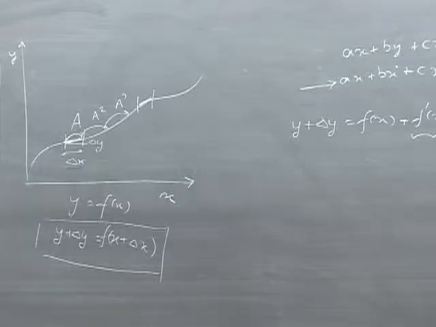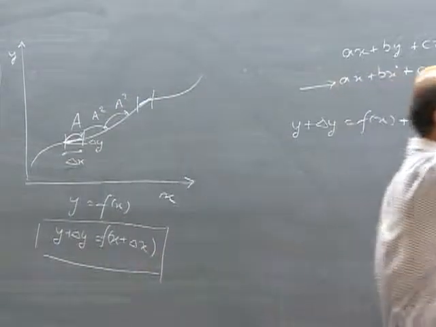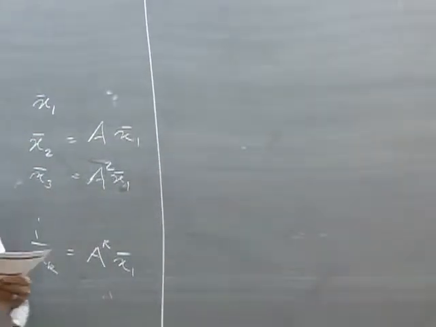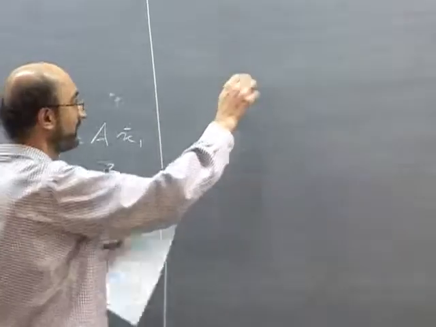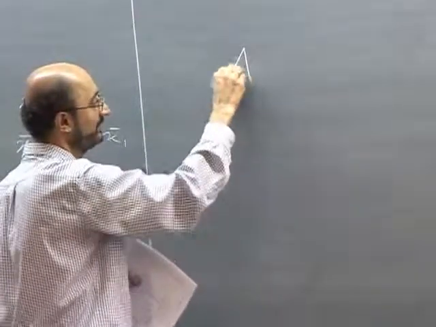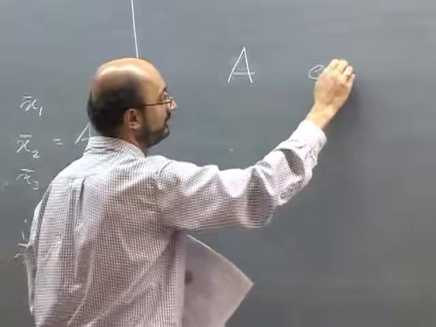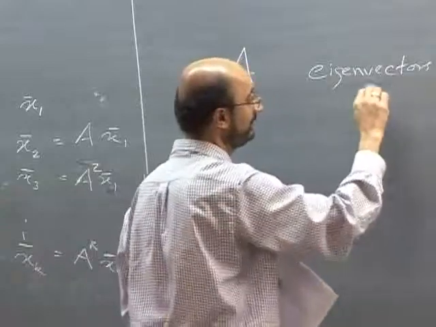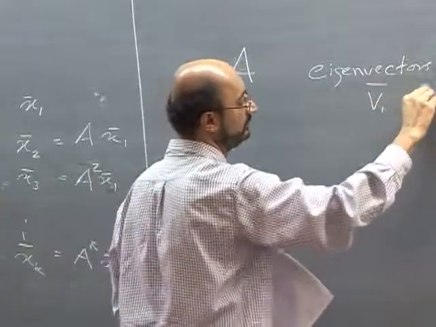Okay, so now last time I talked about the geometric interpretation of how to do A to the n. So let's just look at this. Let's say that we have some initial vector. Let's start with matrix A, and let's say its eigenvectors are v1 and v2.